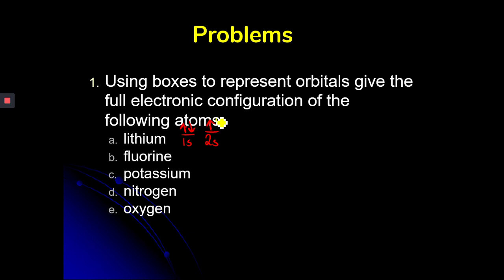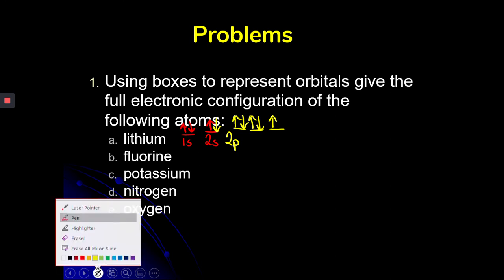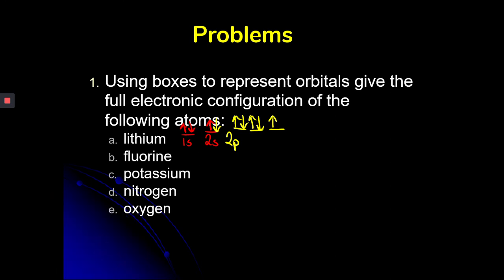And for fluorine, we can add on 2p, 1, 2, 3, 1 in each before you go back and pair up, and there's fluorine. Potassium, again, we could just continue this. Add there 3s2, 3p, 1 at a time before you pair up, and then 4s1.